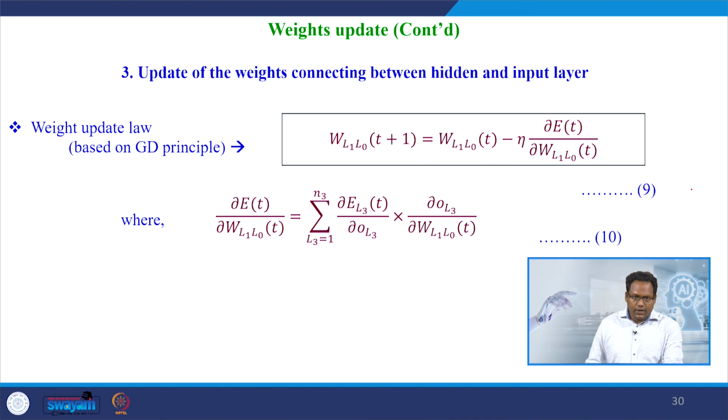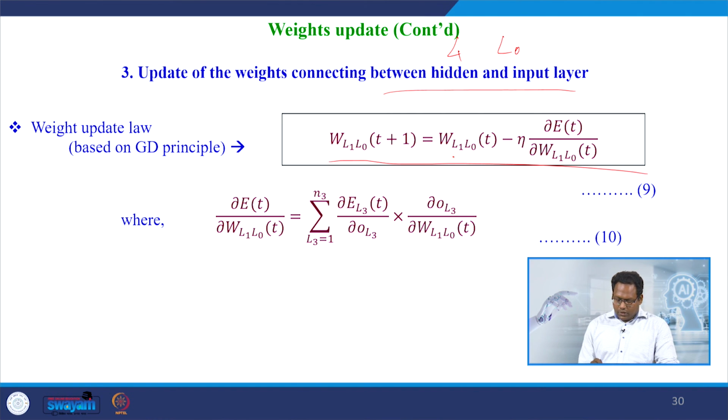Now, finally, we can go for the update of the weight vector connecting the first hidden layer to the input layer, that is L1 and L0. Thus, WL1L0 of t plus 1 equal to WL1L0 of t minus eta ∂E/∂WL1L0 of t.